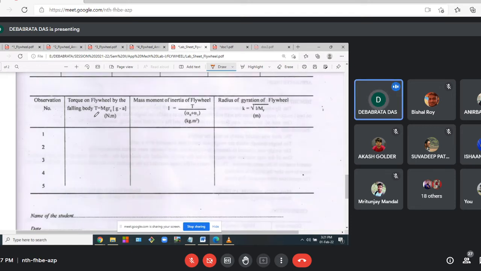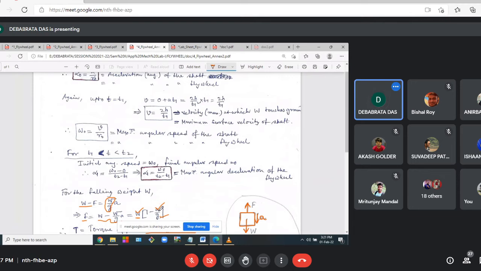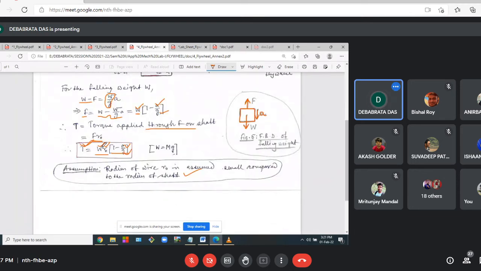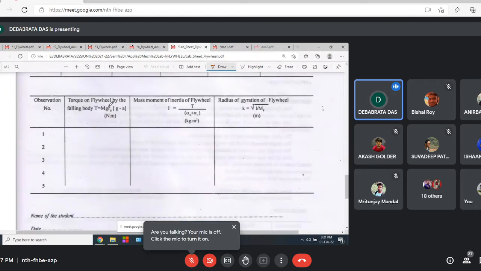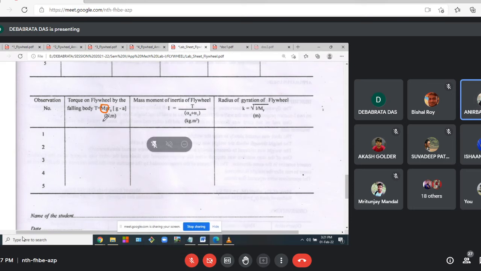Now, the torque on the flywheel. There is a typing mistake here. Look at the expression: it is W r naught into 1 minus a by g. Is it correct? W is equal to mg, so it will be 1 minus a by g.